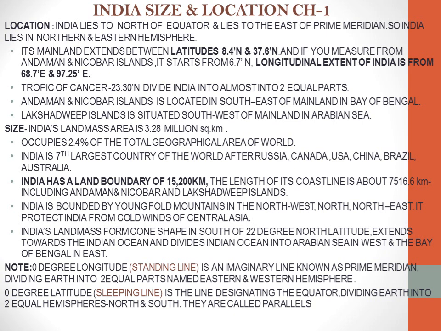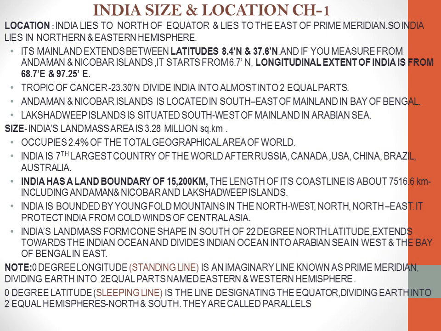Now the degrees of longitude and latitude, as you have already studied in the previous classes, are imaginary lines. So 0 degree longitude is a standing line. It is also known as the prime meridian and it divides the earth into two parts, named the eastern and western hemisphere.